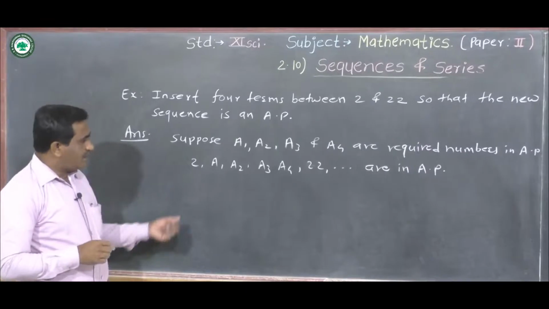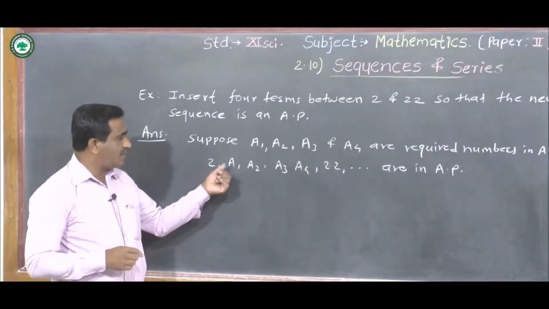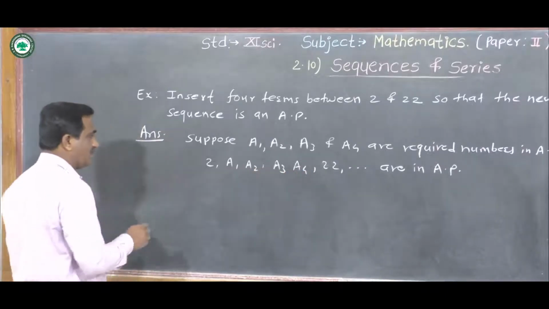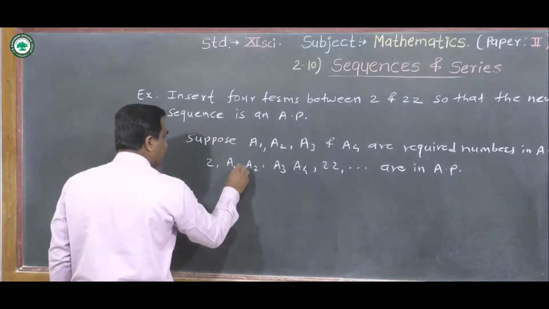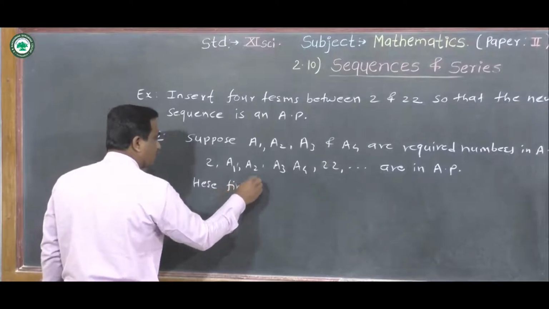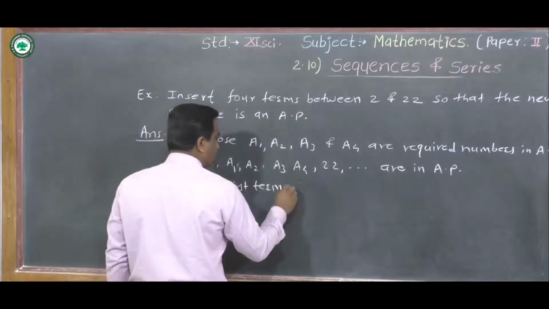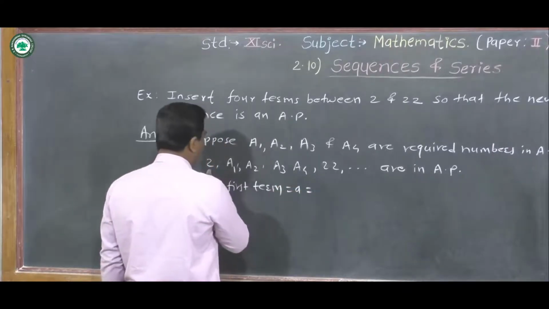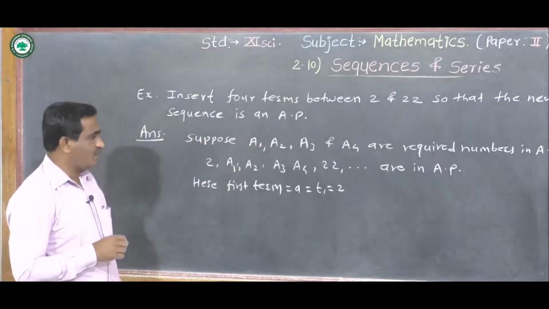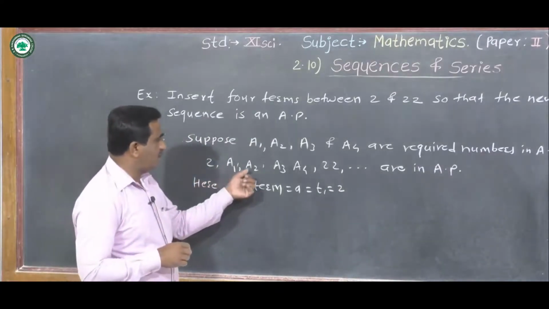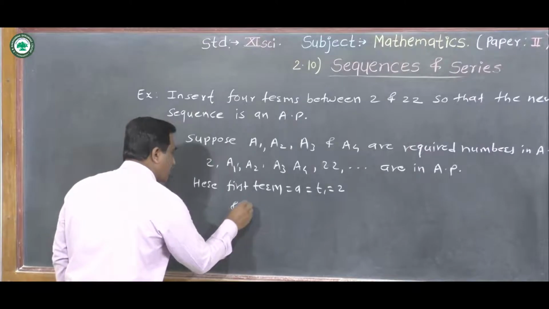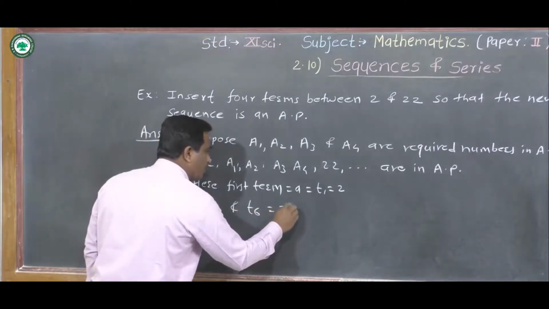Now here we consider this is the first term, T1 means A, T2 second term, T3, T4, T5 and T6. There are 6 terms here. The first term is A equal to 2, so T1 equals 2. So this is the first term, second, third, fourth, fifth and this is the sixth term, T6, and T6 is equal to 22.